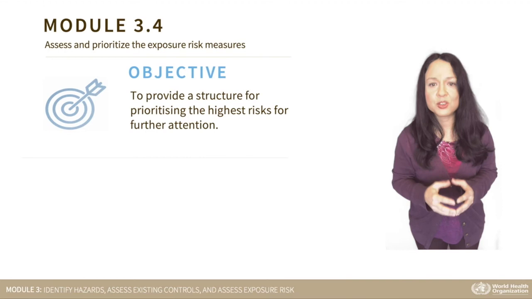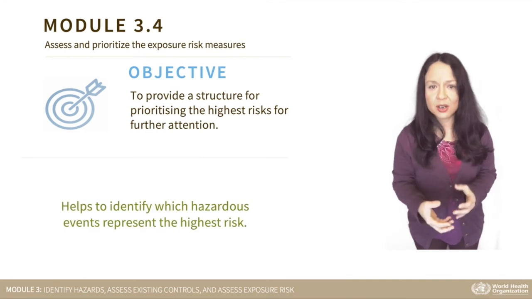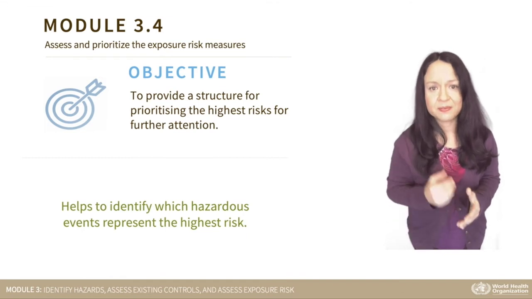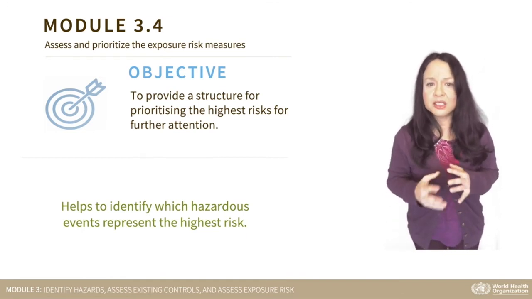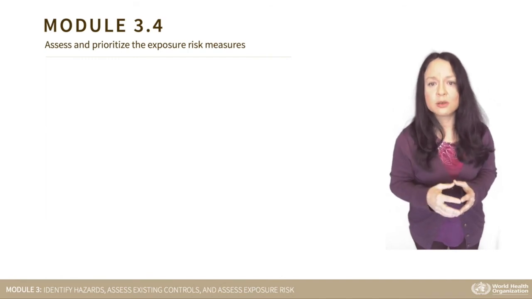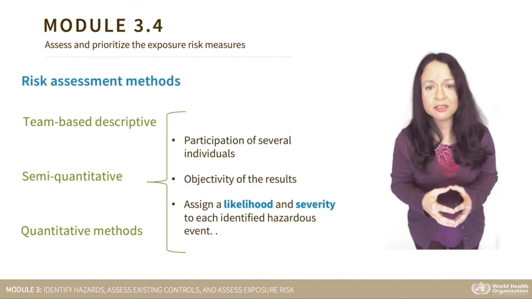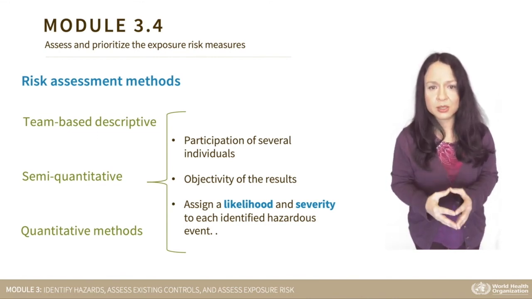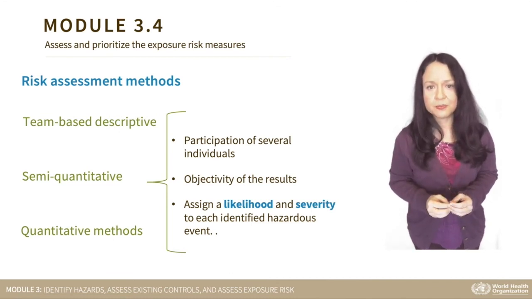This helps us to identify which hazardous events represent the highest risks. There are different risk assessment methods. However, we will focus on semi-quantitative risk assessments. This needs the participation of several individuals, helping to increase the objectivity of the results.